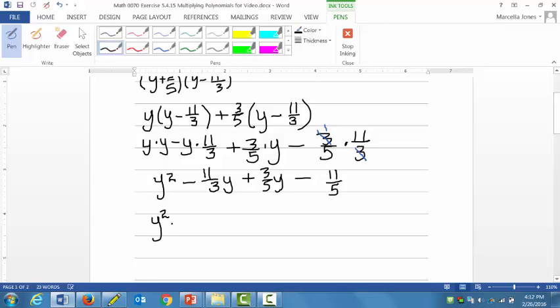So in order to get a denominator of 15 on the 11/3, I'd have to multiply the numerator and the denominator by 5. Whatever you multiply the numerator by, that's also what you have to multiply the denominator by. In order to get a denominator of 15 with this 3/5 y, I have to multiply the numerator and denominator by 3.